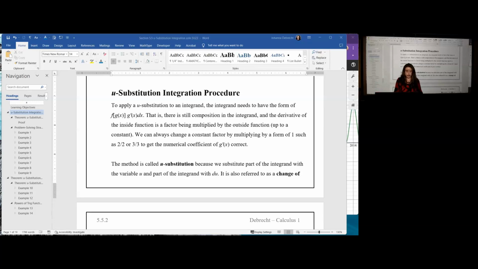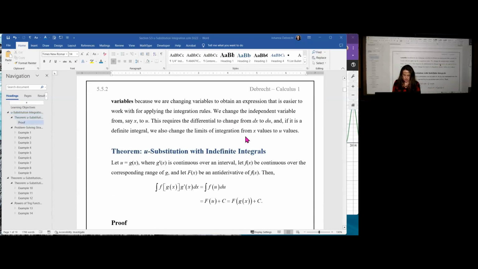This is also sometimes referred to as a change of variables because you're changing the integral from being an integral with respect to x to an integral with respect to u. This means that the differential must also change from dx to du. We are literally changing the variable inside the integral.